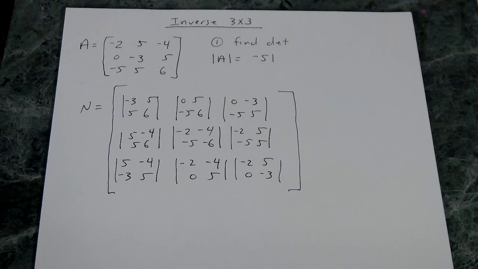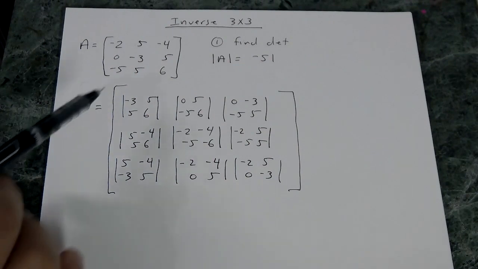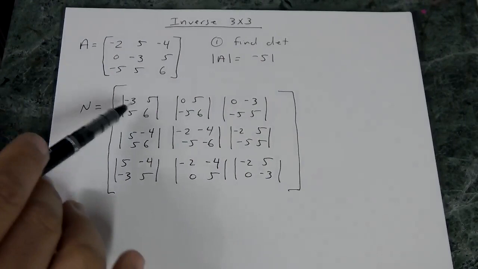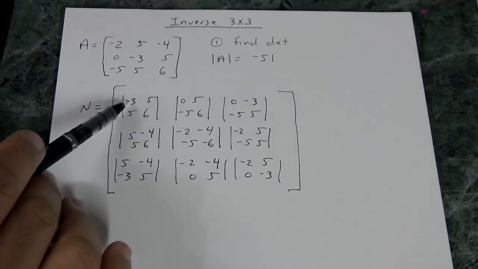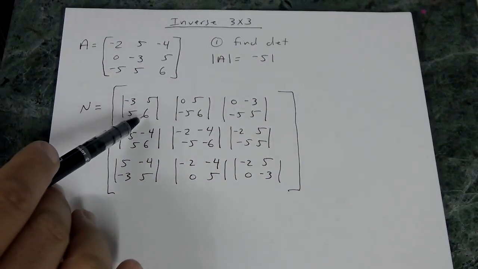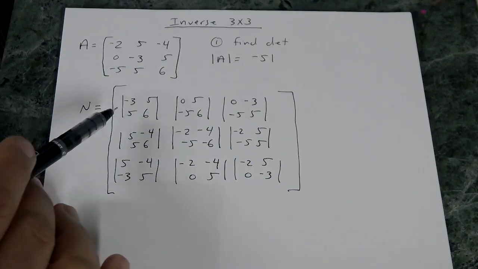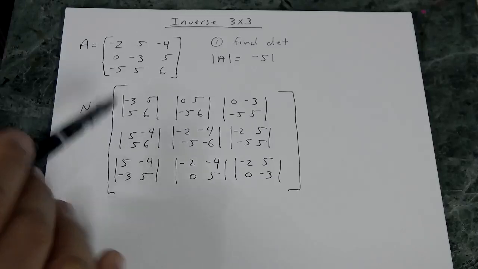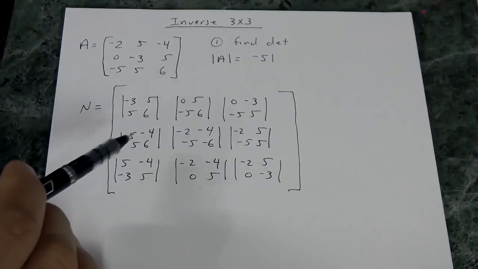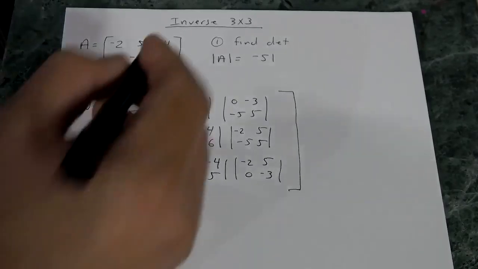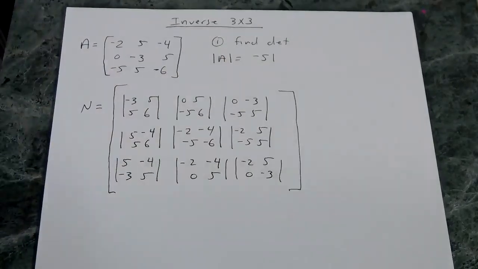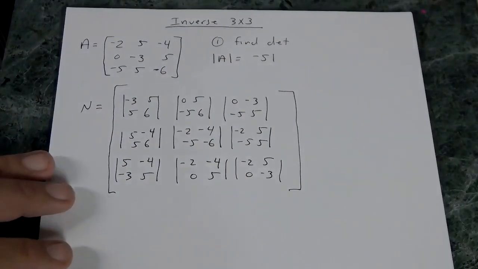And then what we have to do is we actually have to do this. And this is easy. We did this before. This is -18 minus 25. So, I mean, wait, did I mess up? Oh, shoot. This should have been a -6 right here, guys. Sorry.